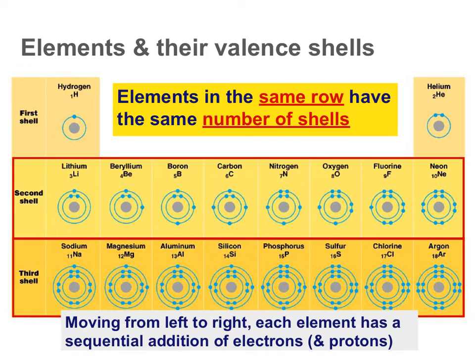Well, the next row down, the third row of the periodic chart, is going to have 3 energy shells: 2 electrons in the first energy shell, 8 electrons in the second energy shell, and then we'll begin to fill the outer shell. Moving from left to right, each element is going to have an addition of a proton and an electron.